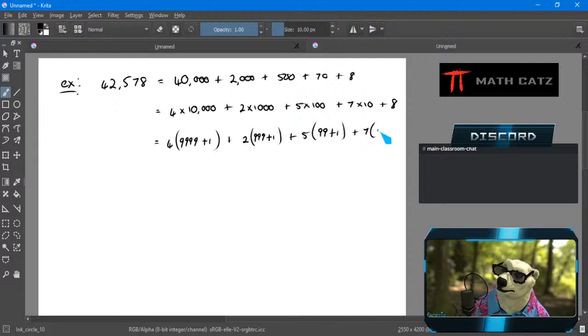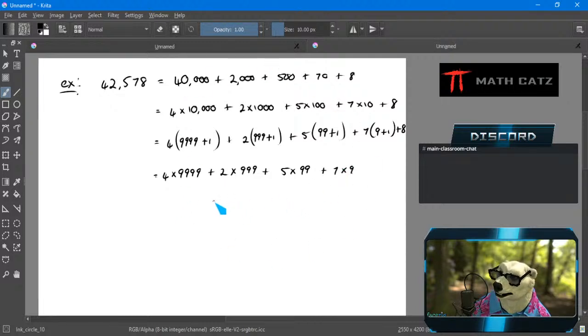And the 10 will be 9 plus 1. And I'll squeeze in the 8. Now I'll separate it in the same way as I did before and reorder them. I'll just save that step because it's exactly the same as we've seen when we explored a test for 3. Everything is exactly the same. I'm just doing it again so I have something to look at.